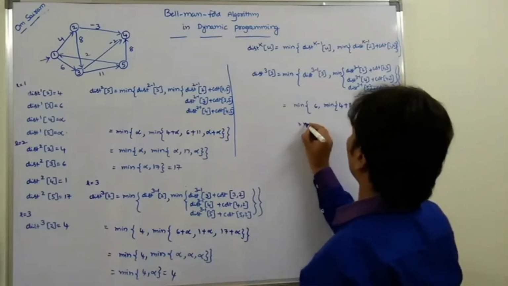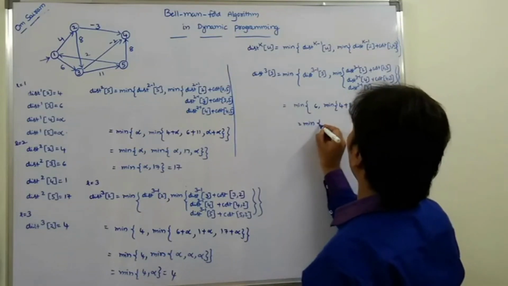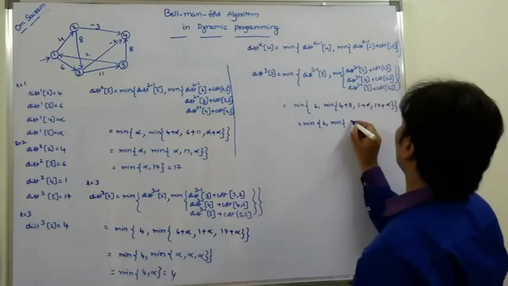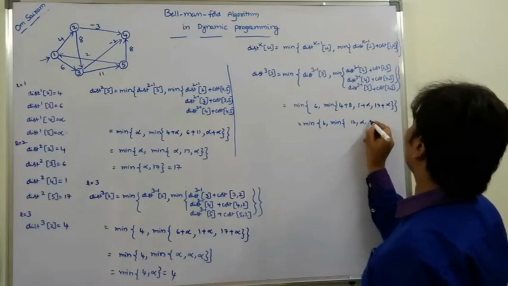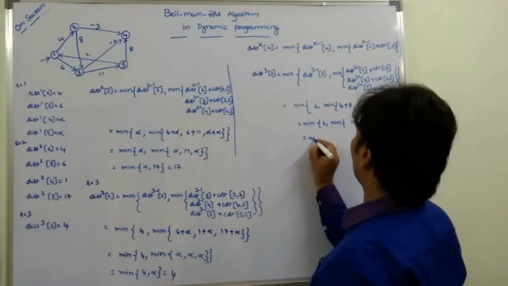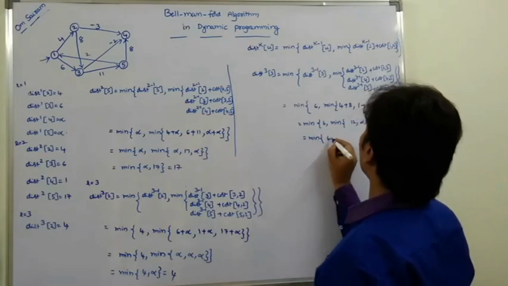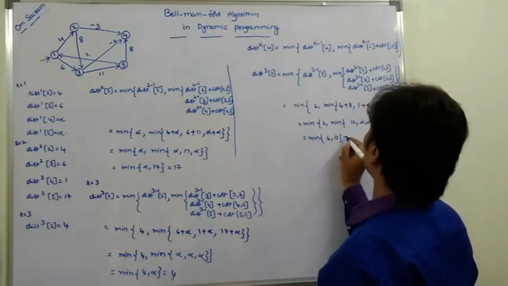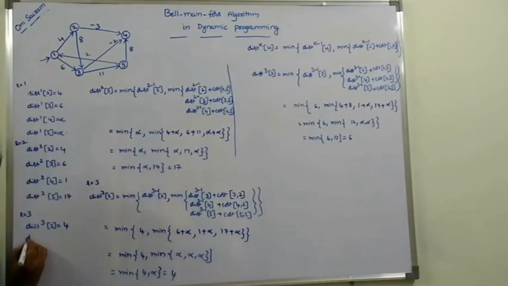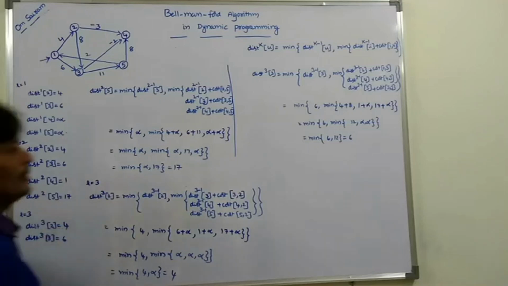So that is the minimum of 6 comma the minimum of 12 comma infinity, which is the minimum of 6 comma 12, which is 6. So here dist 3 of 3 is equal to 6.